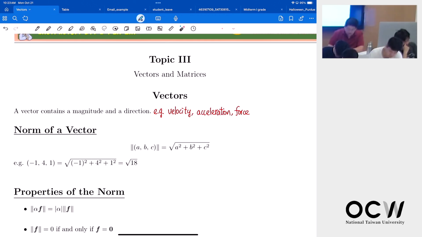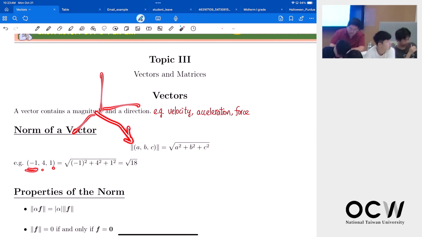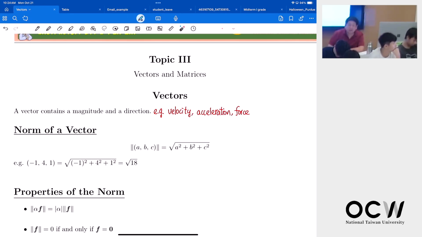For example, if I have a vector (-1, 4, 1), then this magnitude is square root of 18. Okay, that's how you find the norm.